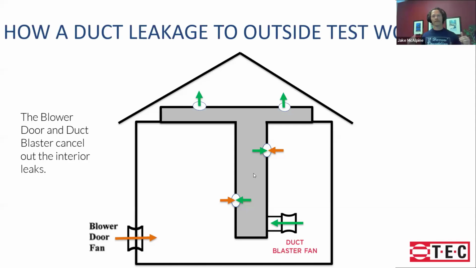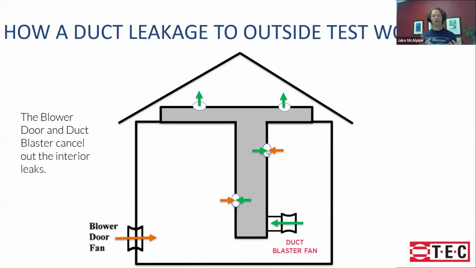And what that effectively does is it has an equal force pushing through a leak, the yellow or orange arrows from the blower door, and an equal pressure from the duct blaster. And when you have an equal pressure, it doesn't matter how big the hole is anymore. With no differential pressure across the hole, there's no flow. So it's this ingenious way of eliminating all the leaks that are inside the house.